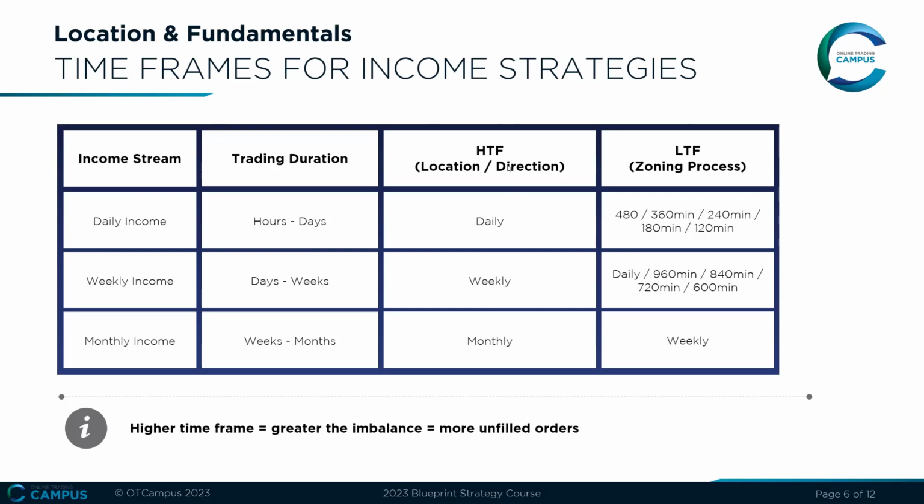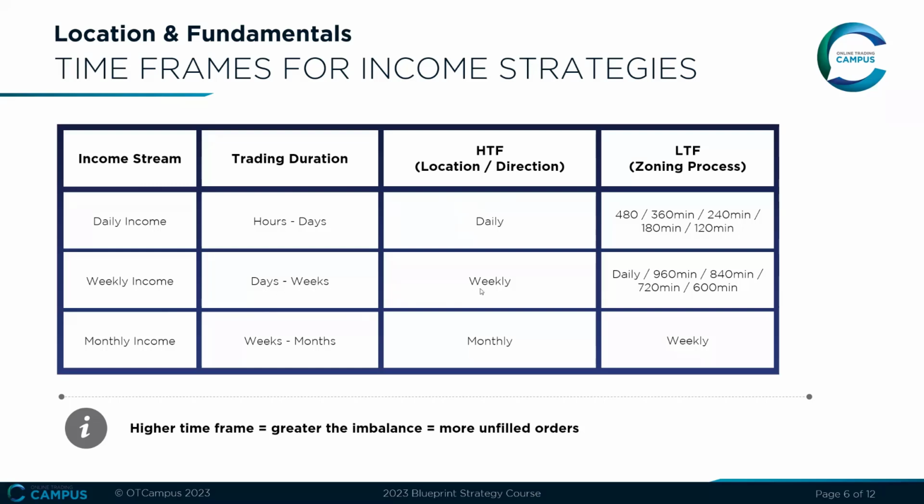And the higher time frame, the time frame that we'll use to assess big picture context, step 1 and step 2 of the process, location and direction, will be applied on the higher time frame. And if we are looking to achieve a daily income stream, then we would use the daily as a higher time frame to do the analysis. If we're looking at weekly income, those are trades that we would hold for days or weeks.